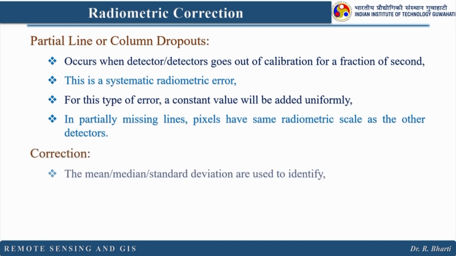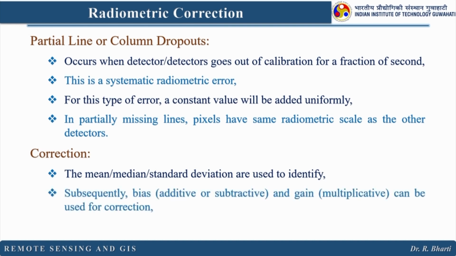So, how do we correct this one? The mean, median, standard deviation can be used here, right. So, we will identify such line or column dropouts, partial line or column dropouts, and then how we will correct this one? Subsequently, bias is basically additive or subtractive, and gain can be used for correction.